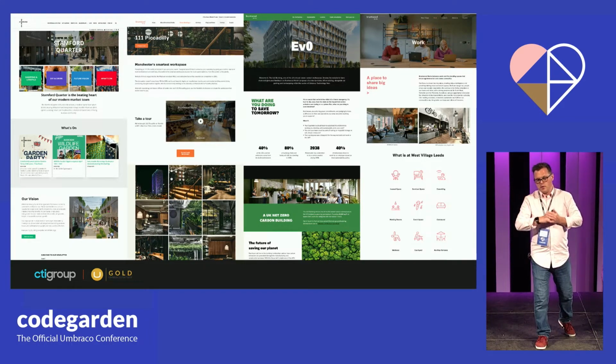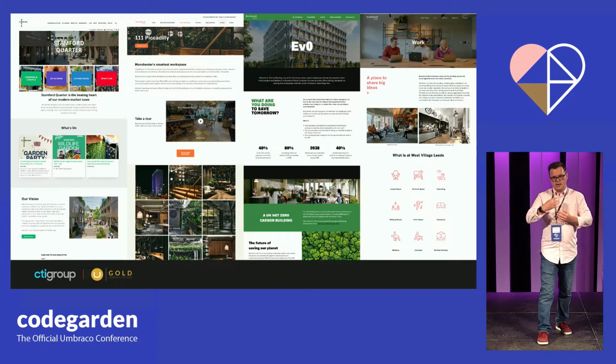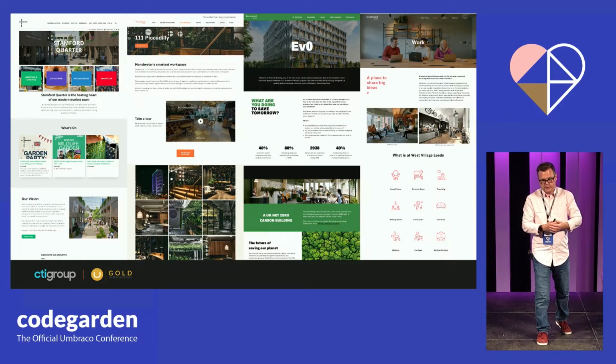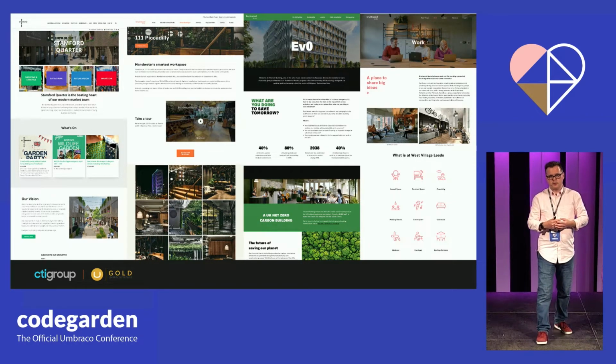Others, like the EVO one, look a lot different, but you can see they've got different page components, different functionality. You know, the Stamford Quarter one is focused on a retail space and a town and urban regeneration. EVO is more about creating a carbon-neutral office space. Do they all look the same? No, they don't.